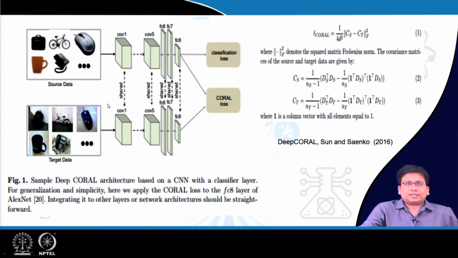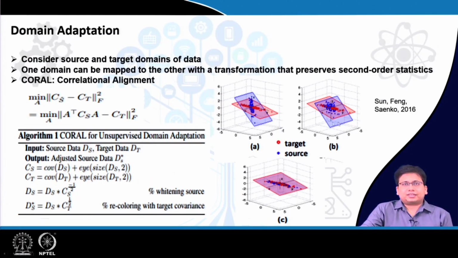So basically the weights of this neural network will be learnt in such a way that not only improves the classification but also helps in alignment of these two domains. And alignment in what sense? Alignment as discussed in terms of covariance matrix. So let us say initially the source domain and target domain were misaligned.